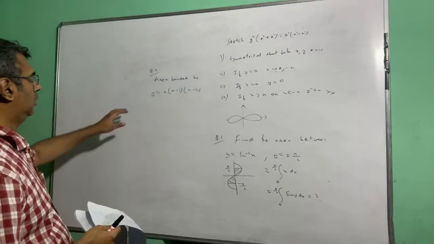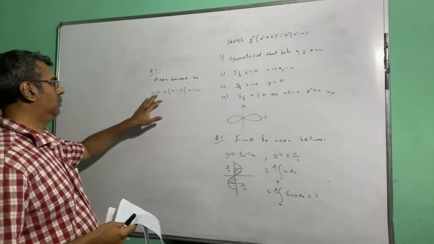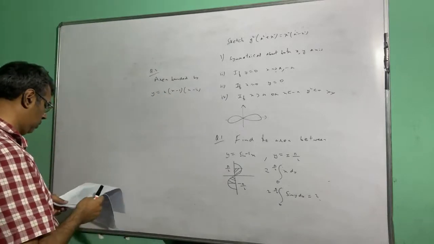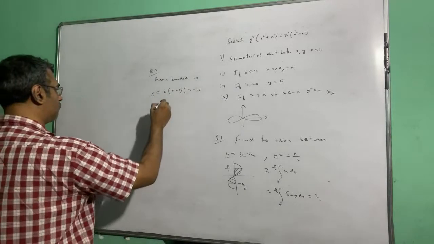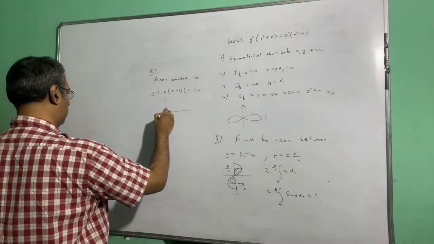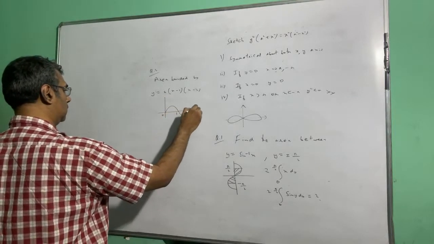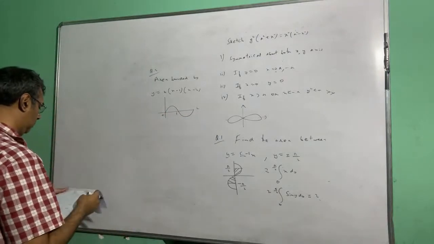Question number 2, find the area bounded by y equal to x into x minus 1 into x minus 2. So this is how the graph will look.